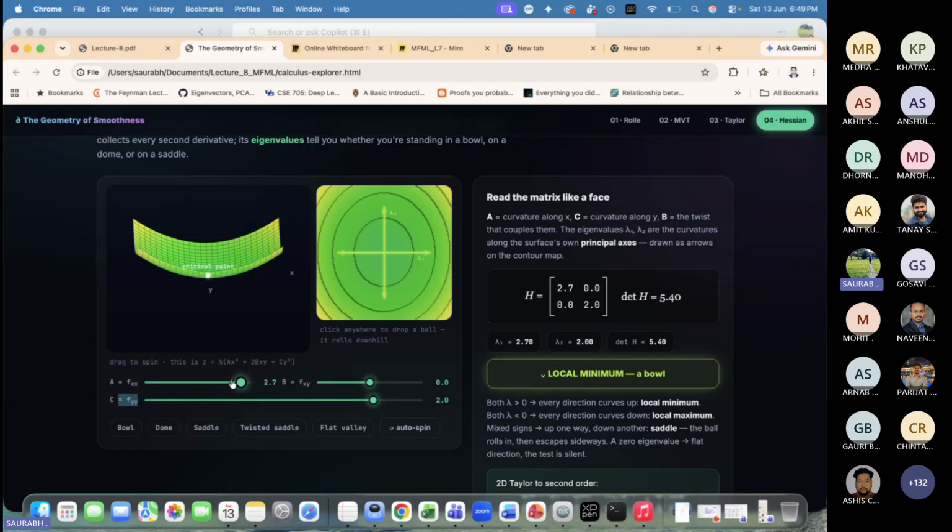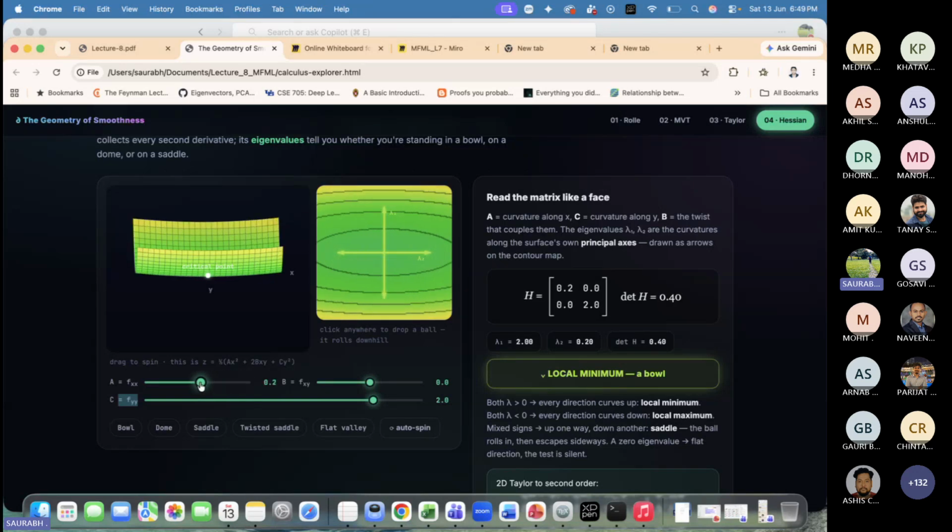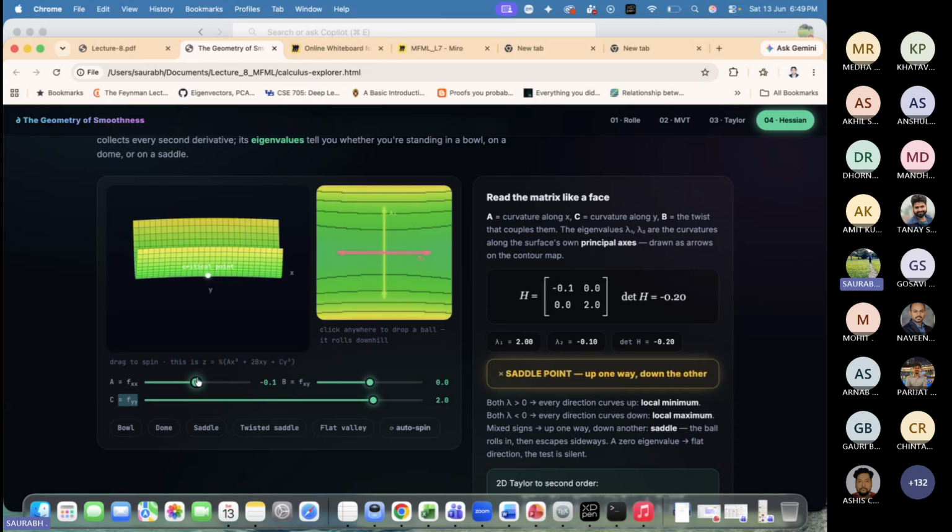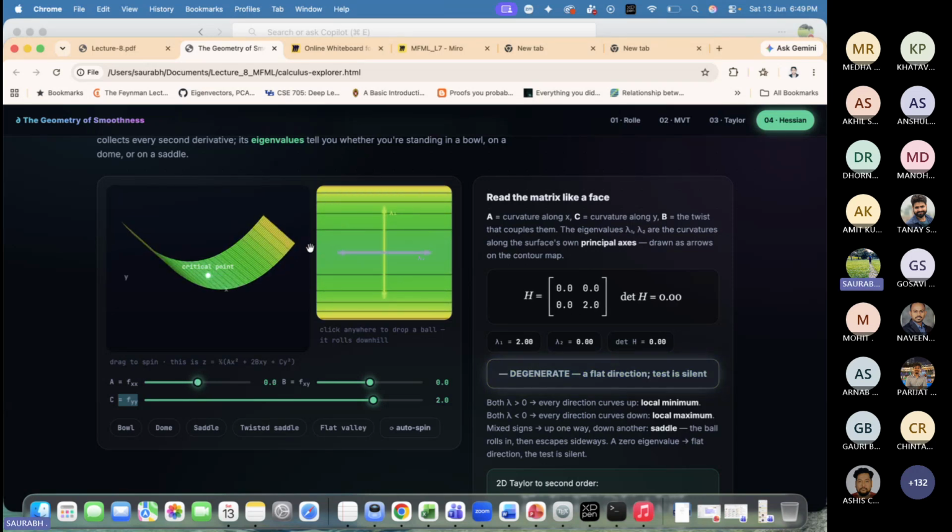But if you have a surface like this, how would you get to the minimum? If you start from here, it's easier to get here. But if you start from anywhere on this line where my cursor is, your gradient would die.